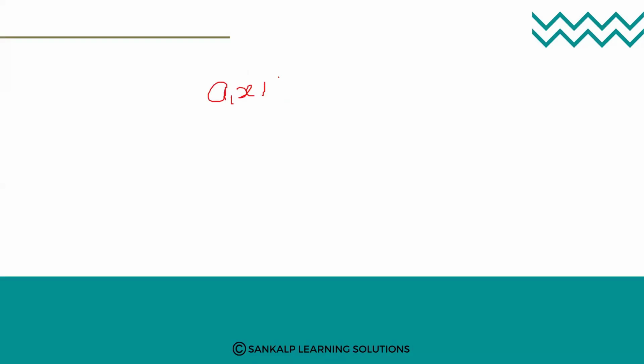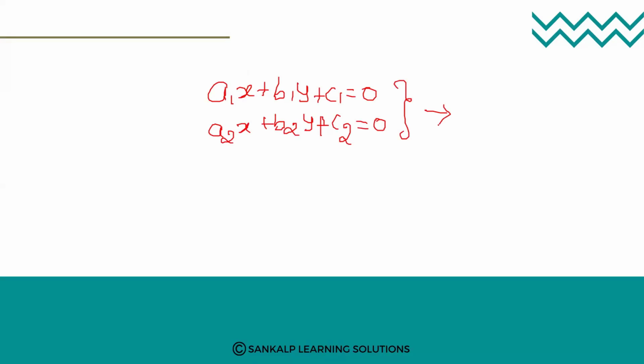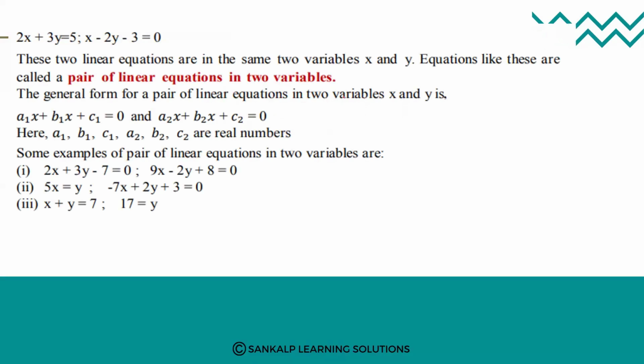That is A1x plus B1y plus C1 is equal to 0 and A2x plus B2y plus C2 is equal to 0. This is very, very important. So A1, B1, C1, A2, B2, C2 are real numbers here. Okay, remember.